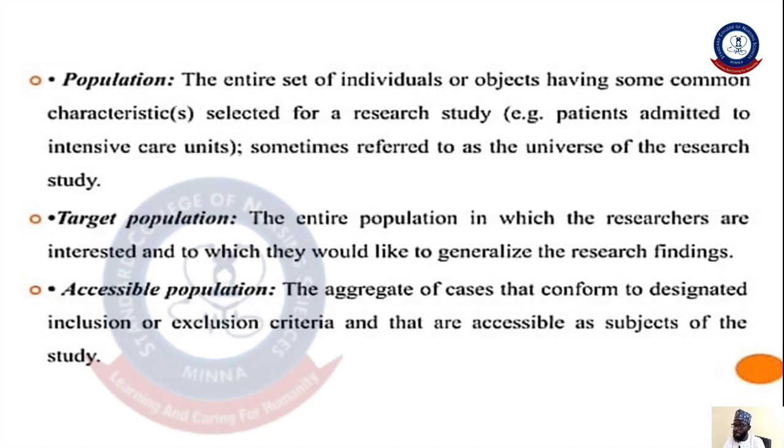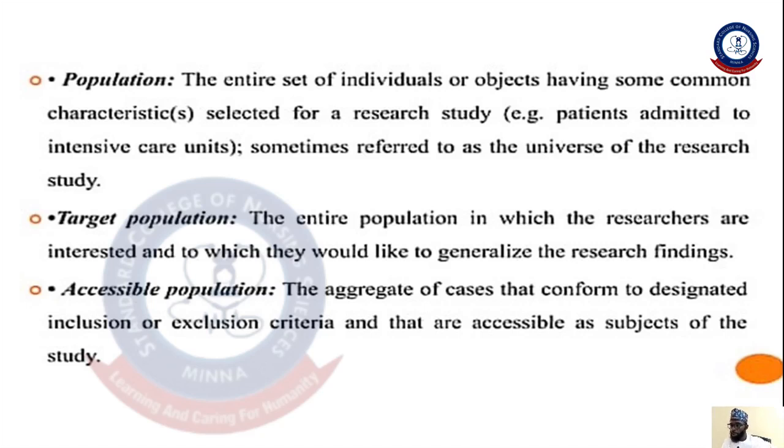But you can still narrow it down. You can say, effect of social media on the academic performance of final year students of Standard College of Nursing Sciences. Those final year students are the universe of the research study.